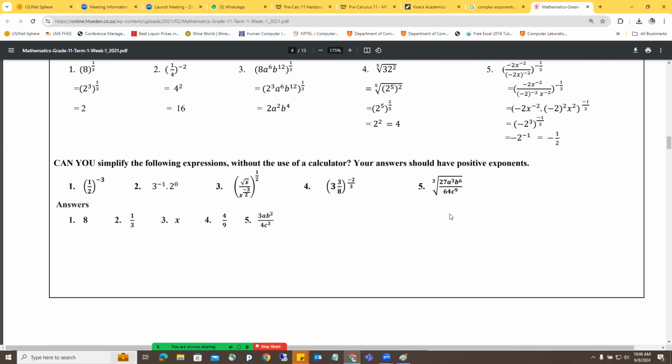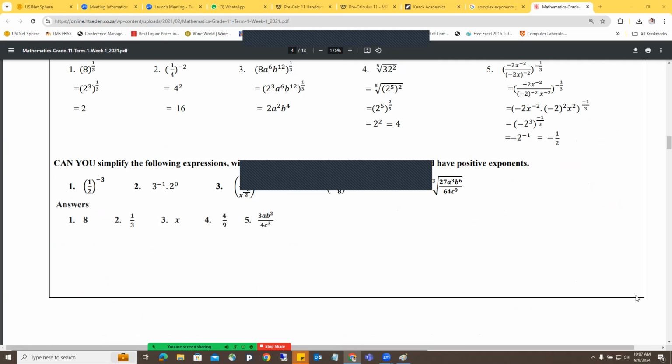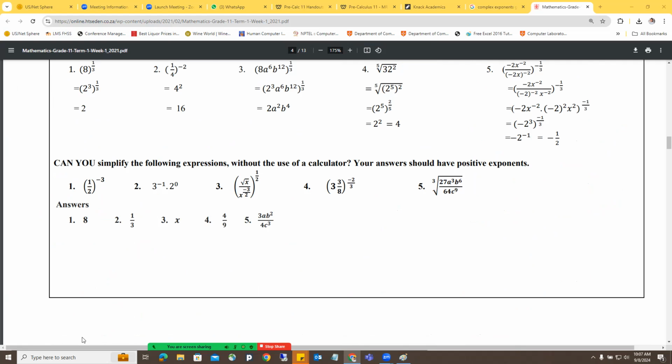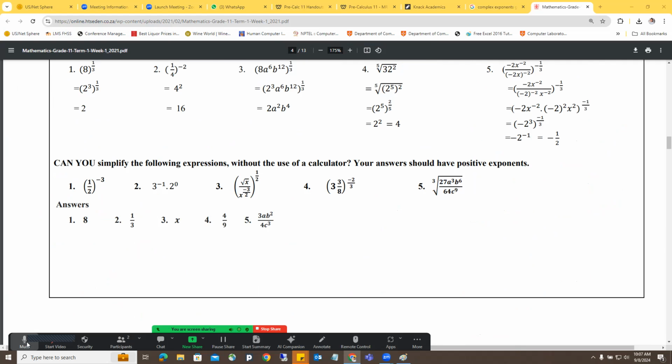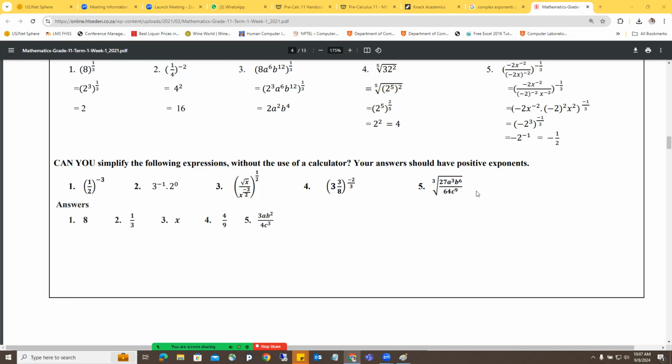Shall we do one more? Try to do this third one and the fifth one. The fifth one is easy. Third one.